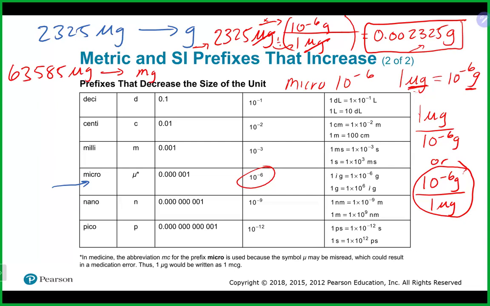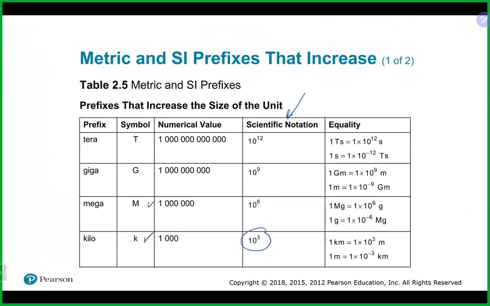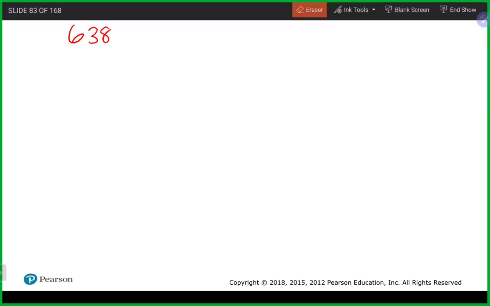So we would probably want to grab our 2 prefixes here. And what I would recommend when we're doing this, and actually, let me just go to the page, maybe I got a little bit more room to write. So I got 63,585.